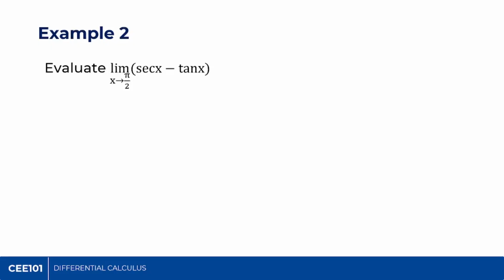Evaluate the limit of secant x minus tangent x as x approaches to pi over 2. So kung if we will be evaluating this directly, no? So yung secant, 'di ba, 1 over cos 'yan, then pi over 2. Okay, 1 over cosine pi over 2 minus yung tangent, 'di ba, sine x over cosine x.